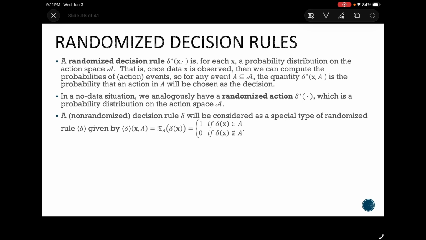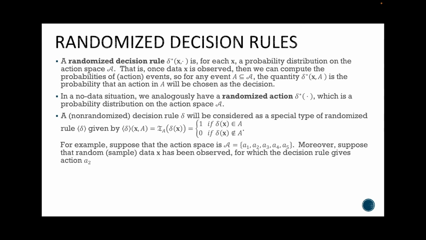And so remember, here when you see delta of x, that is the decision from the regular decision rule. That's the action that is informed by the data from the regular decision rule. And so the way we're going to randomize this is we're going to essentially put all the mass at that action delta of x.